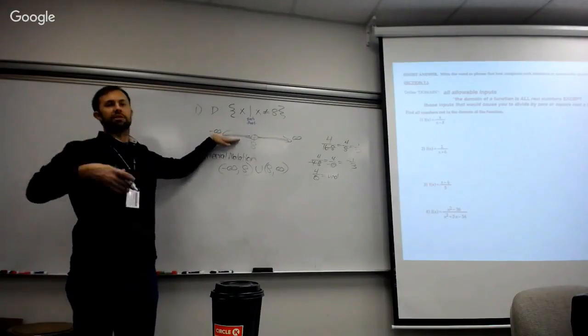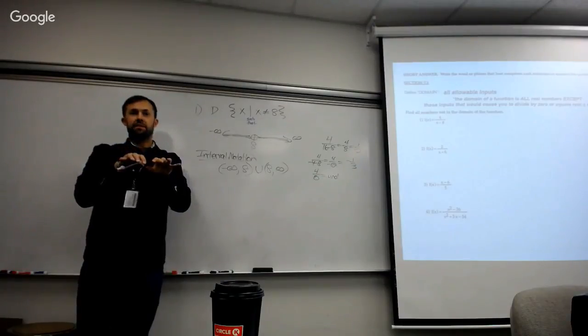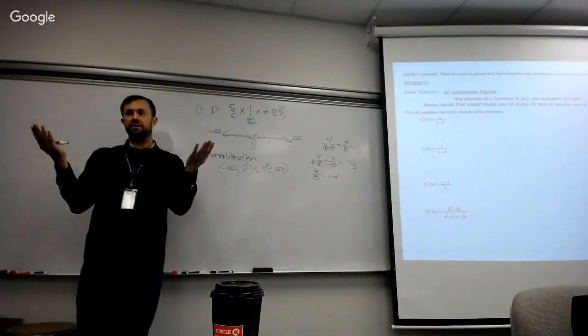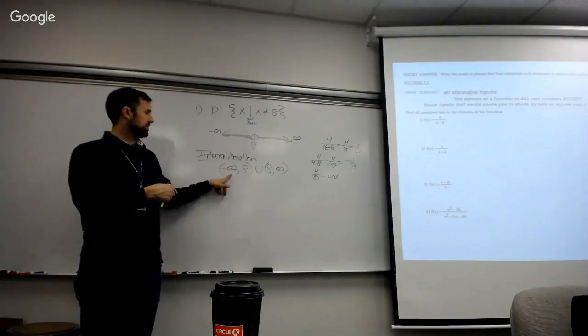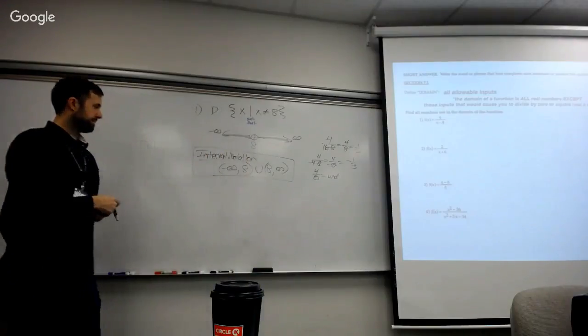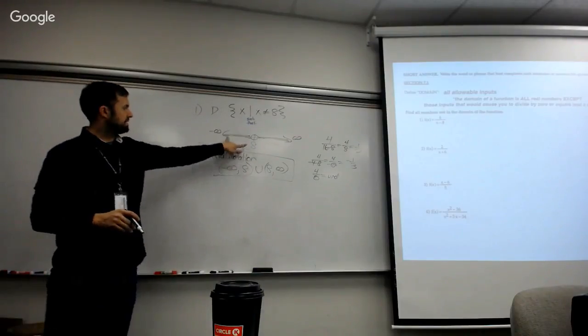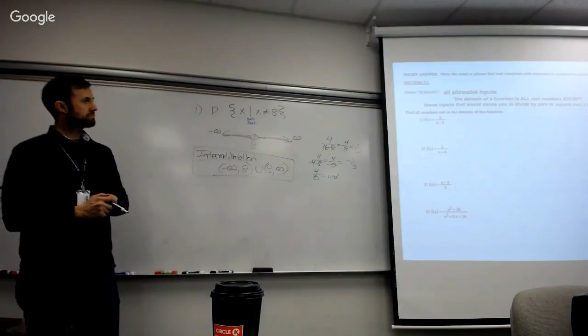Mathematicians didn't want to keep drawing number lines, and plus it's hard to send a number line to a friend via email. Whereas it's very easy to use parentheses and just type this out. So this is merely a representation of a number line.